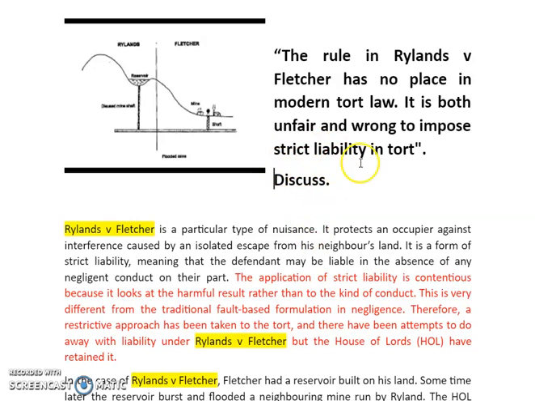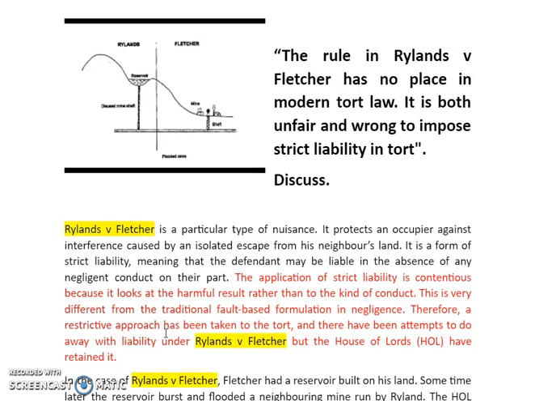So I'm referring back to the question, that it does seem in a way unfair to impose strict liability in tort. And because of this, a rather restrictive approach has been taken to the tort, and there have been, I should say, attempts to do away with it.